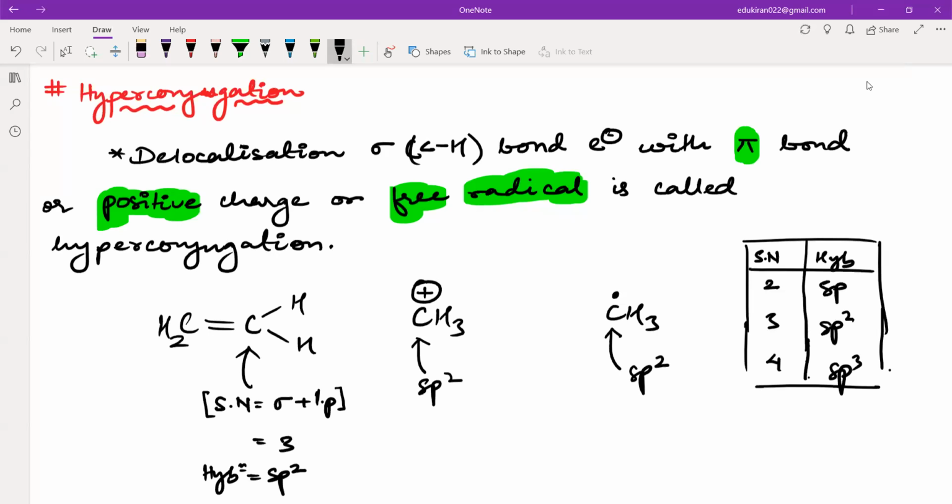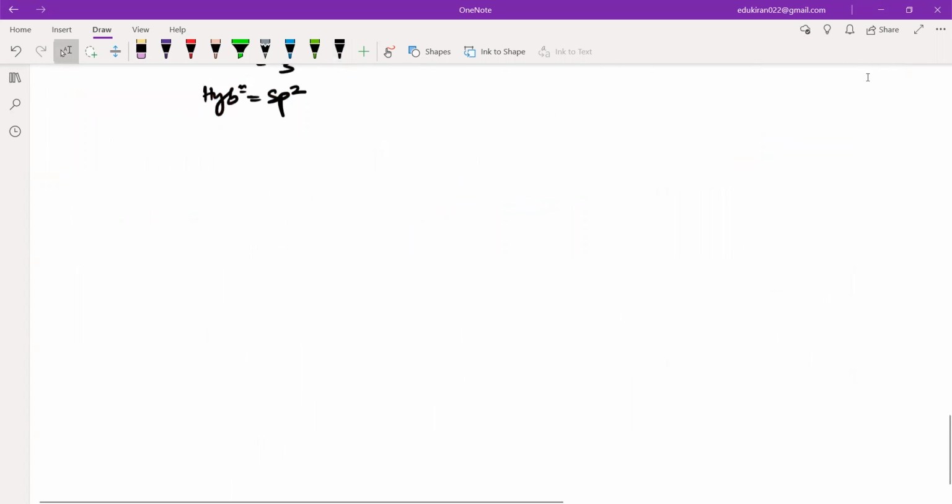So rather than saying that it has a pi bond or a positive charge or free radical, we can put up a condition: hyperconjugation happens only if we have at least one sp2 hybridized carbon atom. Let's write the conditions for hyperconjugation.